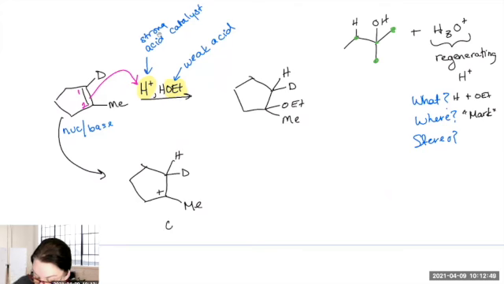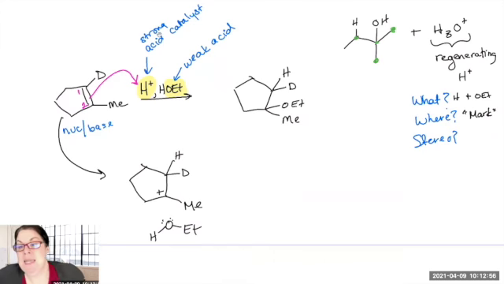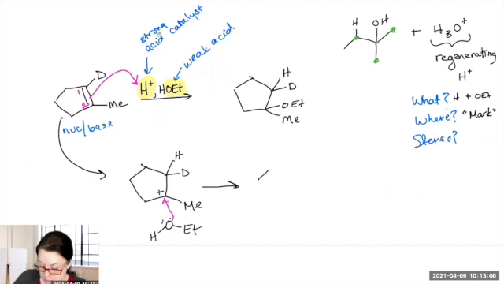And this is where the ethanol adds in. So the oxygen is the atom with the lone pairs it can use to make a new bond to the carbocation. So lone pair adds to the carbocation, and that generates the new sigma bond.